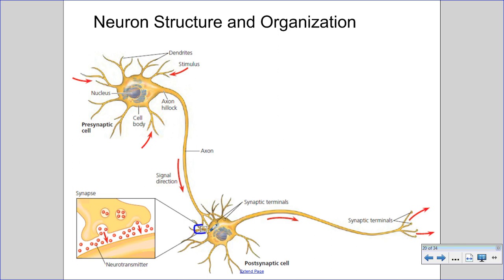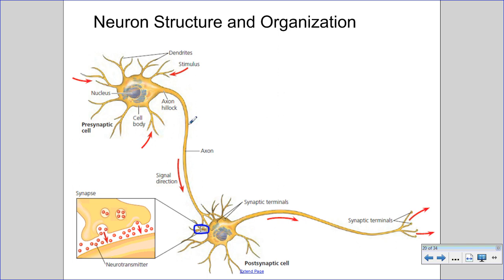What this video will focus on is this little area where we have an axon terminal of our presynaptic cell, and then the dendrite membrane, or just the cell membrane, on that postsynaptic cell.